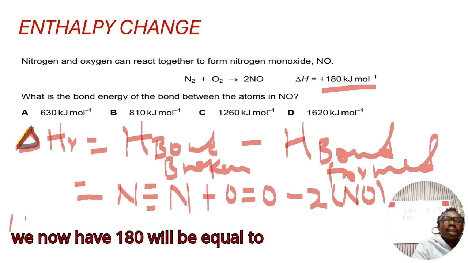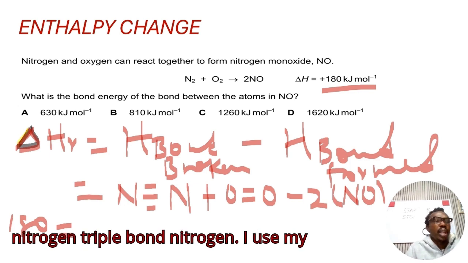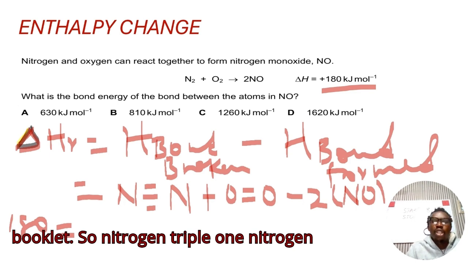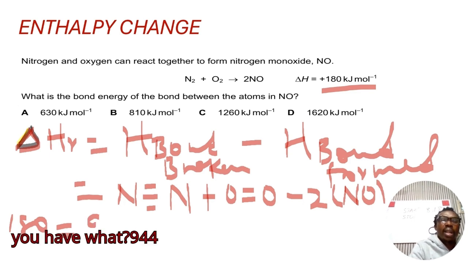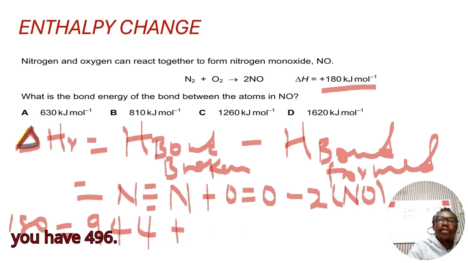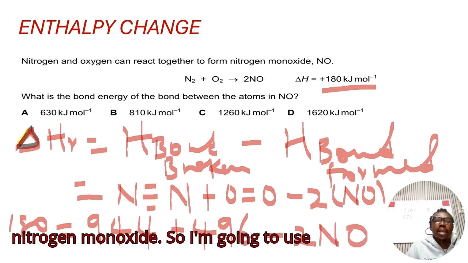So 180 is equal to the average bond energy value for nitrogen triple bond nitrogen. I use my data booklet, so check your data booklet. Nitrogen triple bond nitrogen is 944. Then plus oxygen double bond oxygen, you have 496, minus 2 NO.